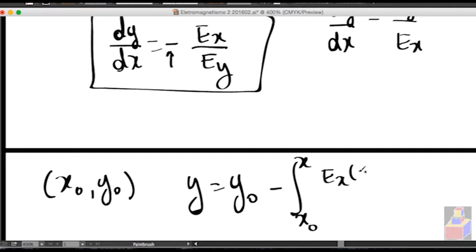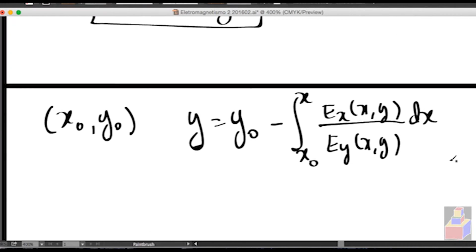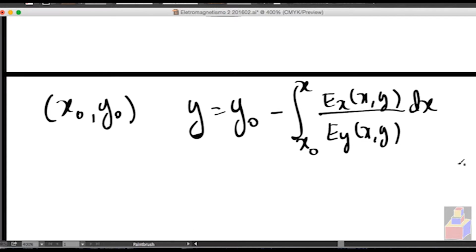Ex calculated on the equipotential line at point xy divided by Ey dx. Okay, so that's how you calculate mathematically, but because we don't know where the field line is, we cannot calculate this. So we have to do it by iteration.